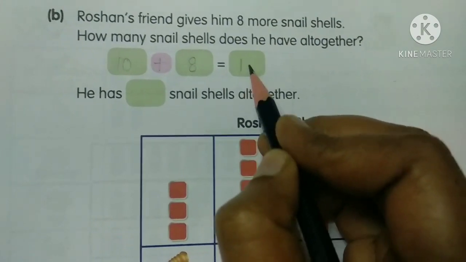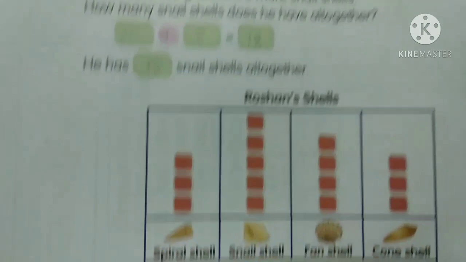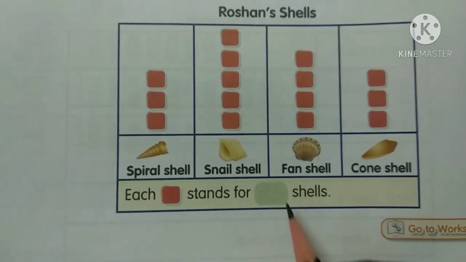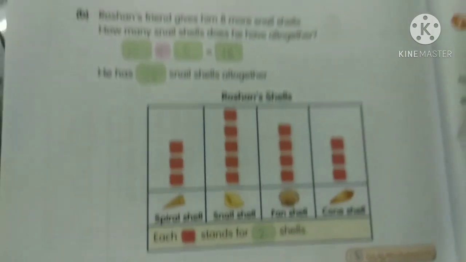Total 18 shells. Here each picture stands for 2 shells. Okay. Today we have studied about pictographs. Now the time to wind up. Namaste.